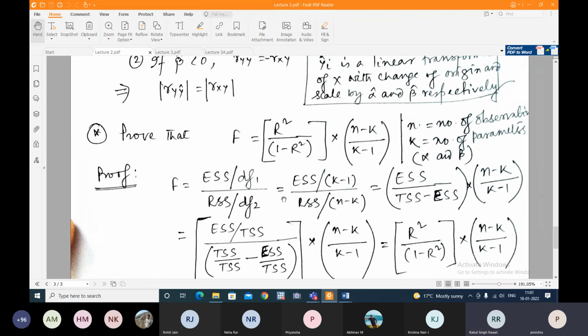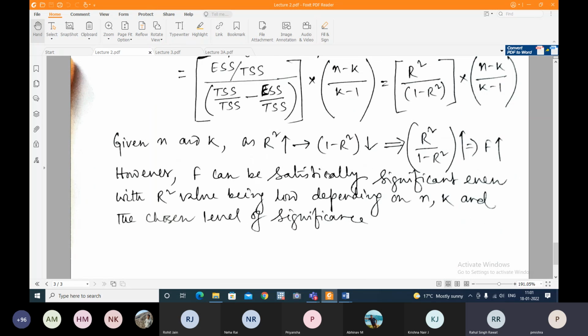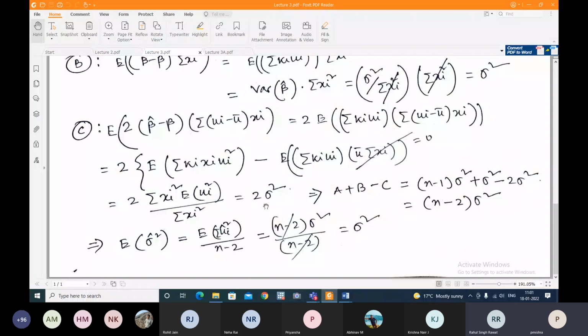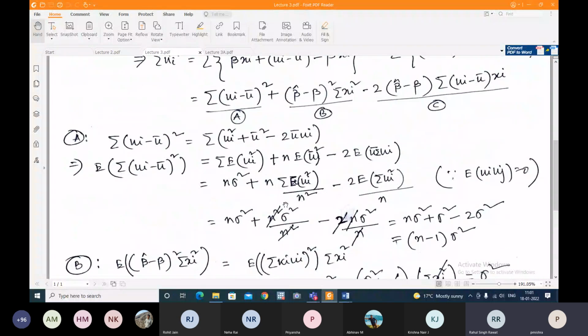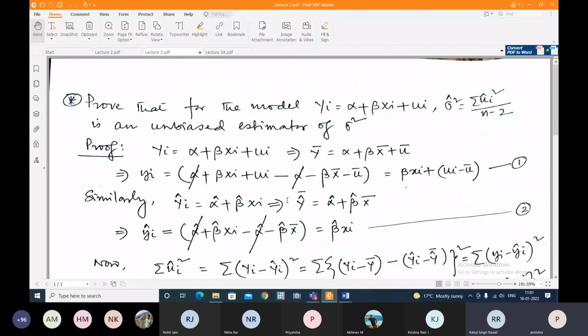Now, I'll go for this derivation, but before that, I would like to discuss about this. It is a little longer derivation. Here, basically, we need to get an estimator of sigma square.